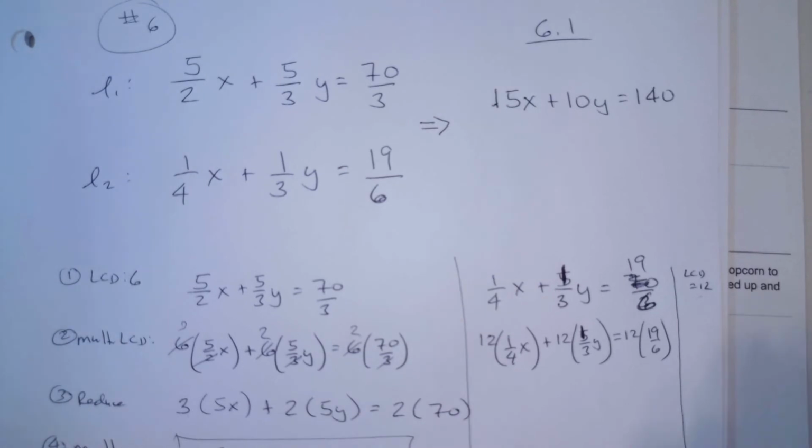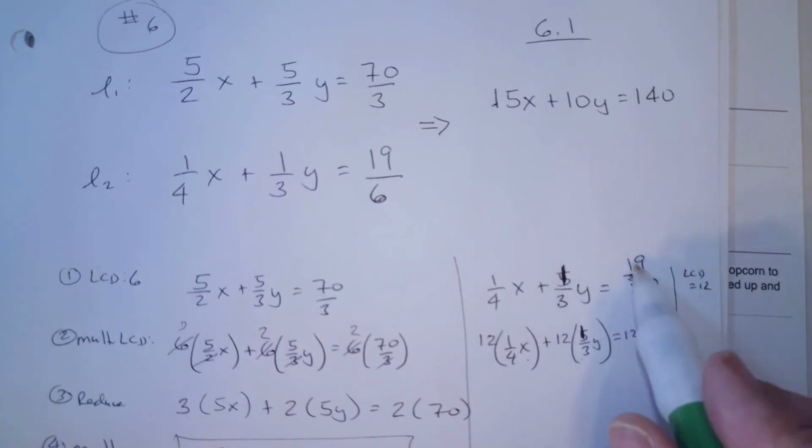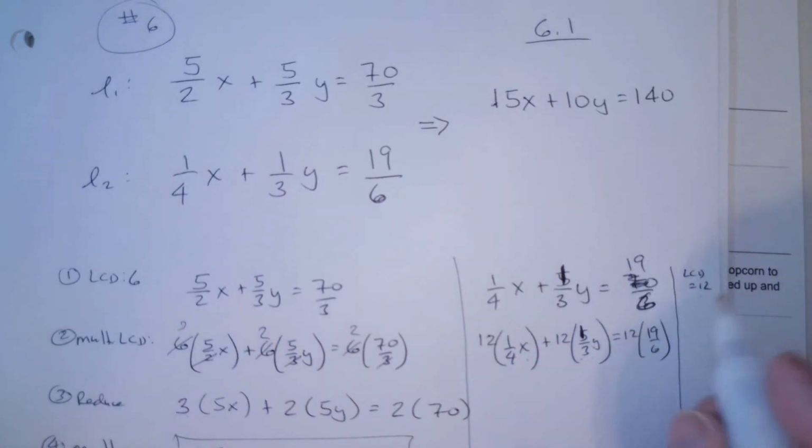Wow, I was getting confused by myself. So we have 1 over 4x, 1 over 3y, 19 over 6. So multiply each one of those by 12.